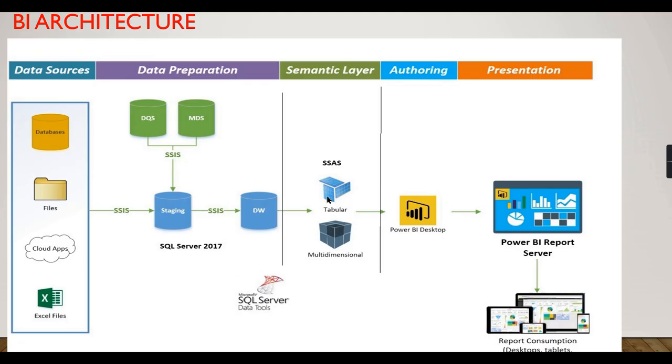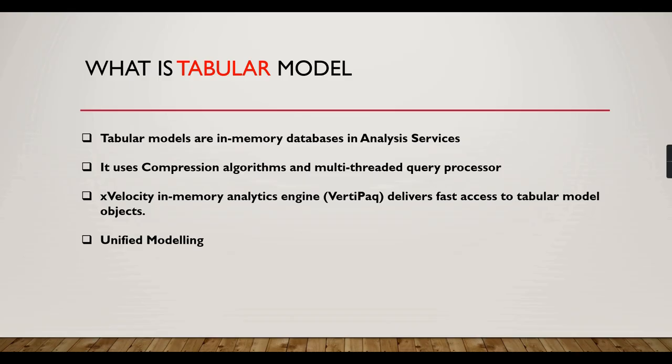This will be stored as a database, and from that, like you connect to files or databases, Power BI can connect to SSAS as a live connection or import from a tabular model or multidimensional cube. That is the flow. So this is all about Power BI, BI architecture, and SSAS plays an important role in it. Let us see what it is.